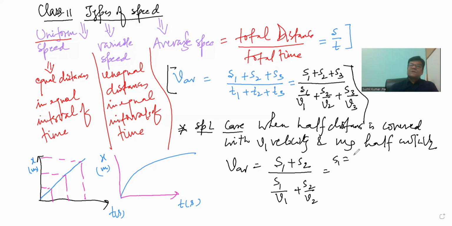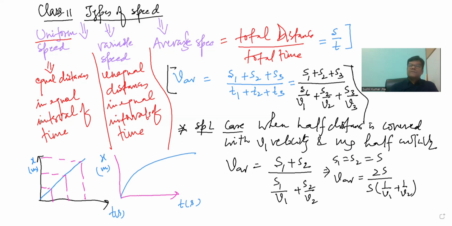Since s1 and s2 are exactly half, it is s, which means v average is, with s1 plus s2 becoming 2s, divided by s, since s is common, 1 upon v1 plus 1 upon v2.